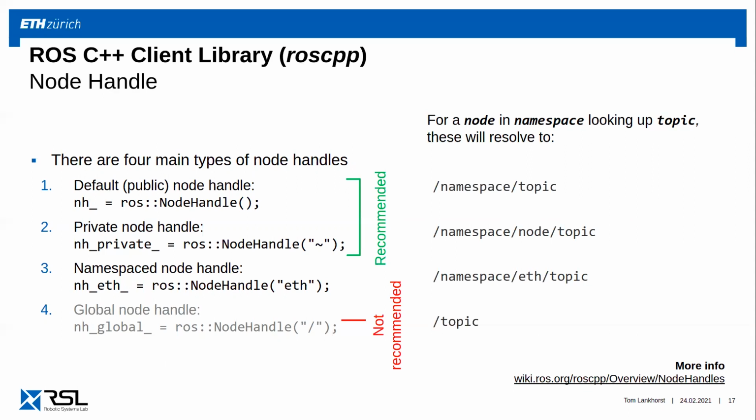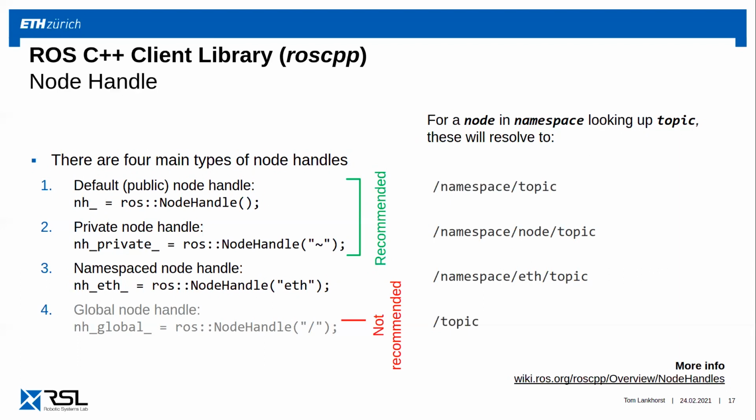If you use a private node handle, you will not only look for that topic in the namespace defined by the ROS launch file, but also in a sub-namespace that has the same name as your node. So in our case, it might be SMB high-level controller. We can also define an extra namespace.